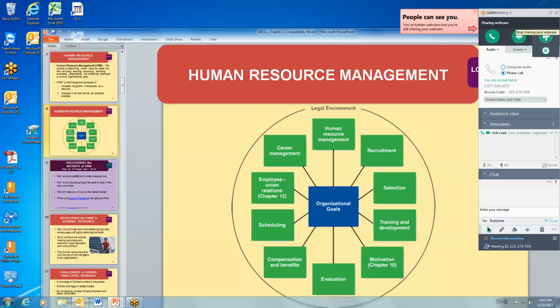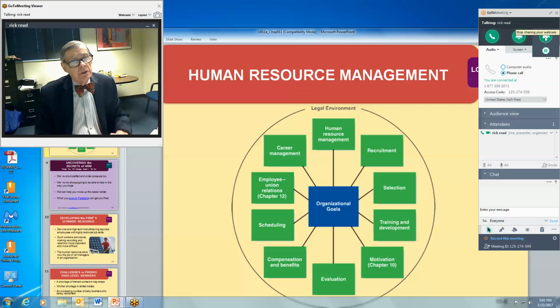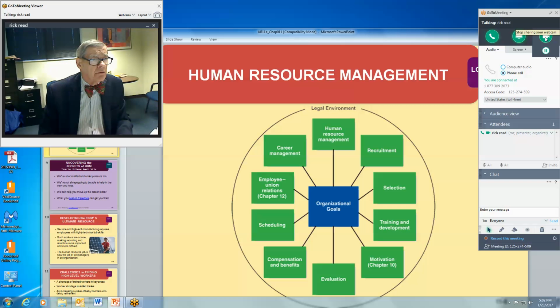Now, figure 11.1 shows us the legal environment. And I don't intend to go over this, but you notice that the organization goals are in the center here, and then all the things that impact on them: valuation, selection, recruitment, what we talked about, motivation in Chapter 10, employees and management issues, which we'll talk about in the next chapter.